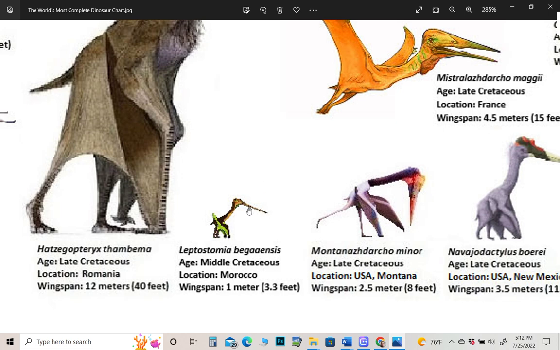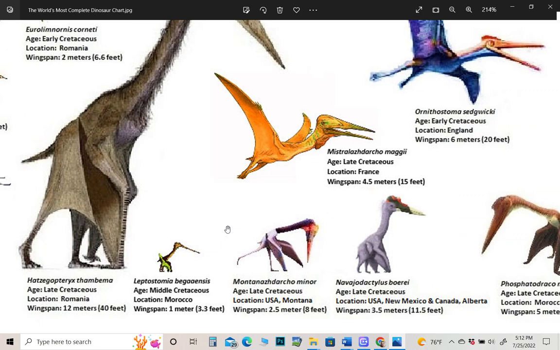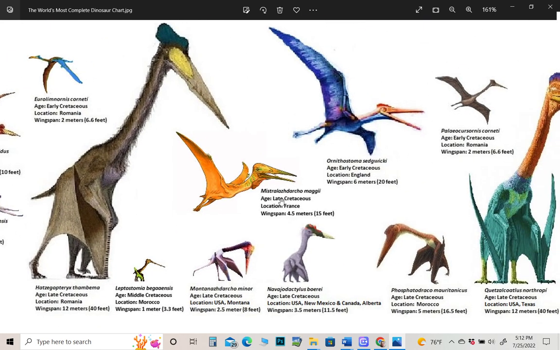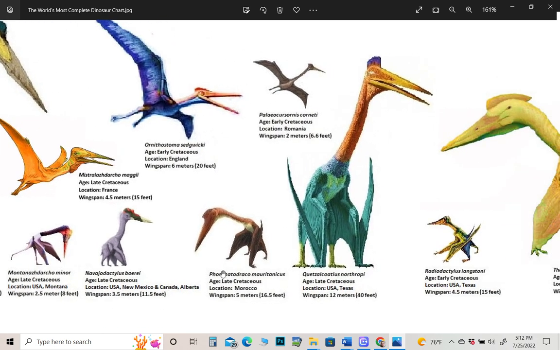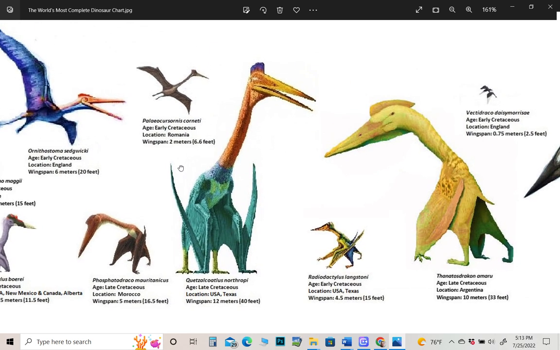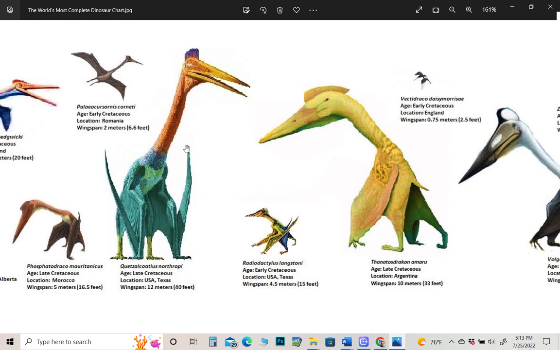So yeah, Leptostomia with the long ibis-like beak. Mistralazhdarcho, Montanazhdarcho, Navajodactylus, Ornithostoma, Phosphatodraco, Palaeocursornis, Quetzalcoatlus, which was the original largest pterosaur, till the other ones were found.